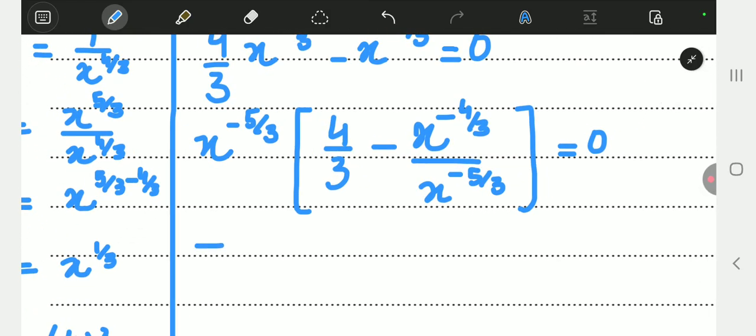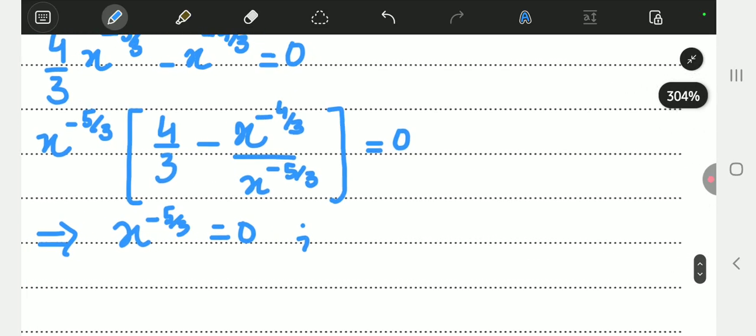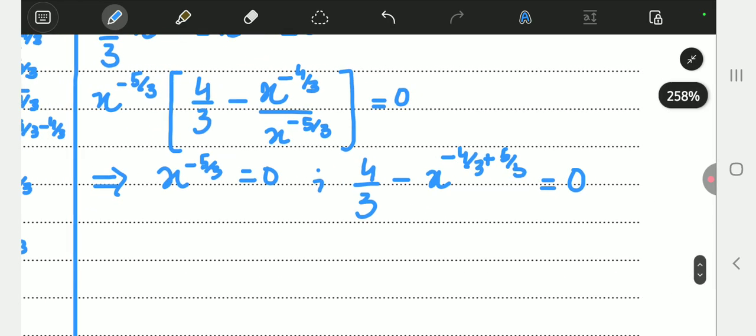Now this implies that either x to the power minus 4 over 3 equals 0, or the second part in the bracket equals 0, that is minus 4 over 3 x to the power minus 1 over 3 plus 1 equals 0.